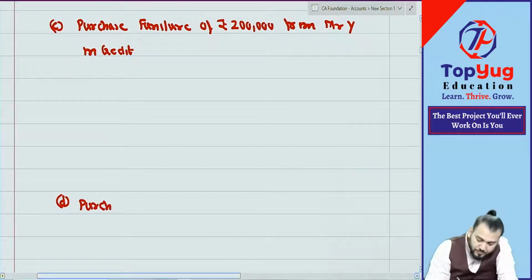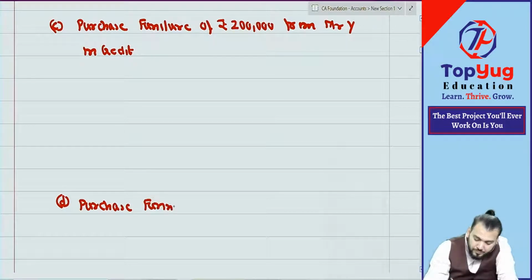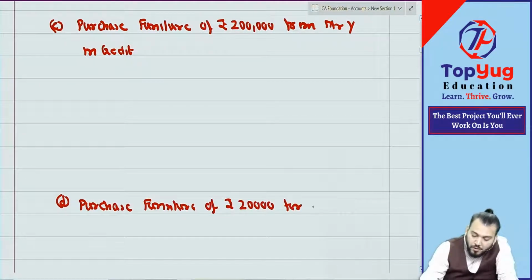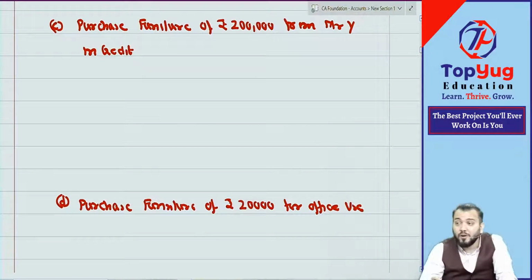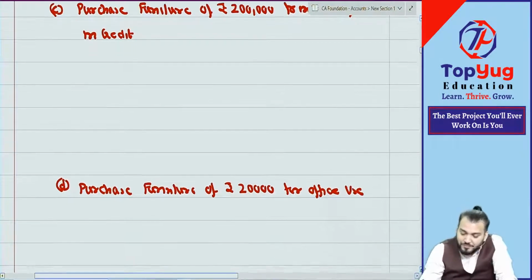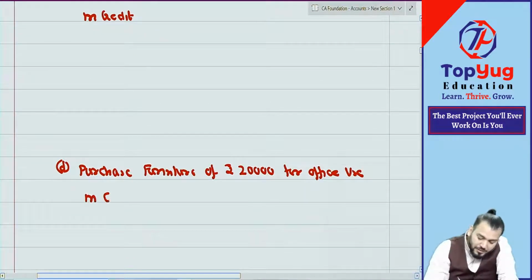Then point number D. Purchase furniture of rupees 20,000 for office use. Understood? This is for office use. Correct? In cash.